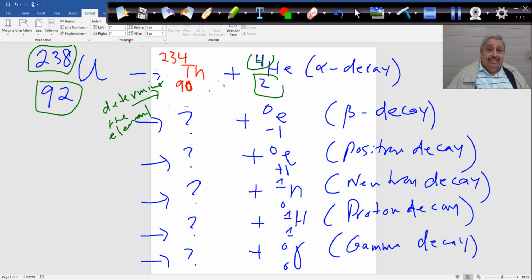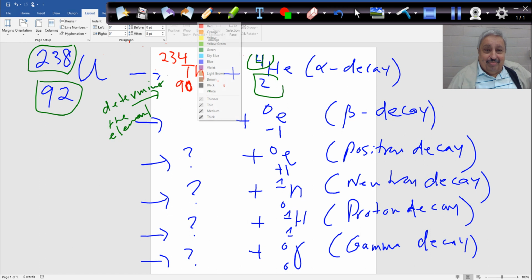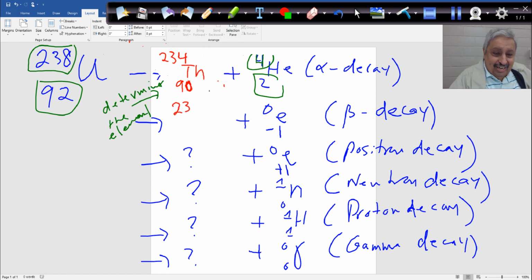How about the next step? Come on, you can tell me now. What will the top be? 238. Professional. Very good. Perfect. How about the bottom, the atomic number? 93.